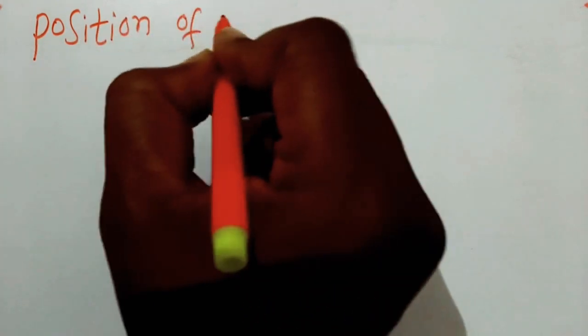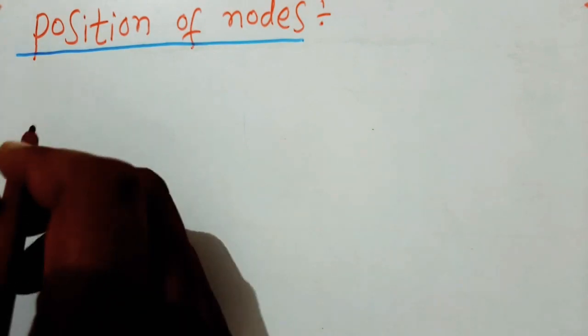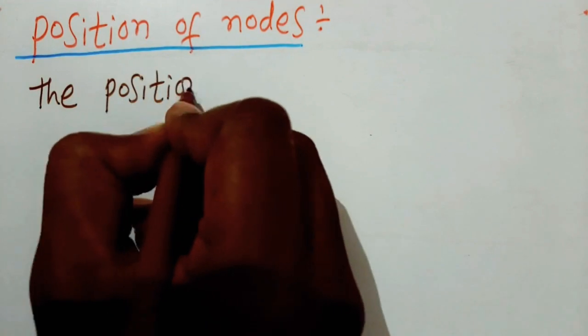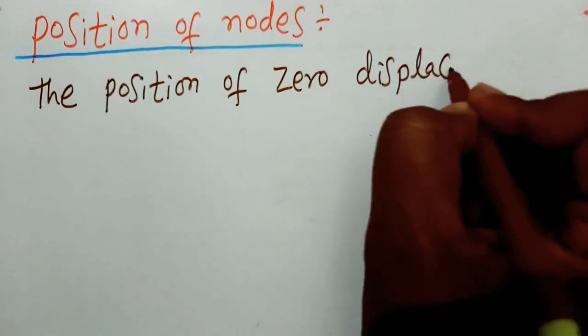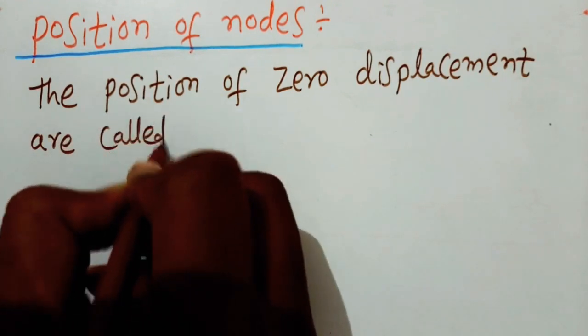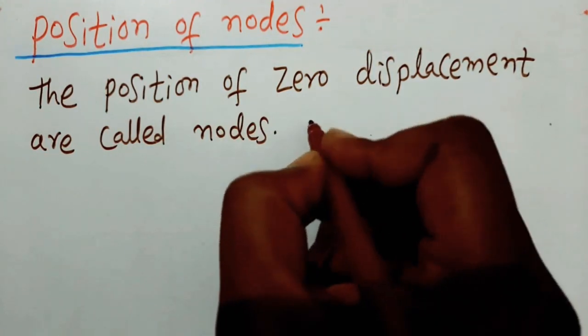Position of nodes. The positions of zero displacement are called nodes, where the amplitude becomes 0.